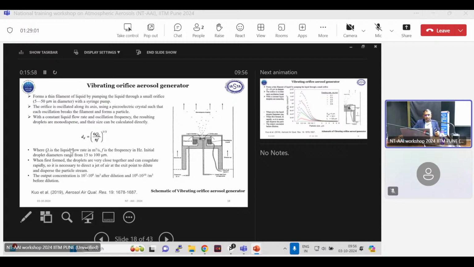And the diameter of the aerosol can be calculated with this correlation, where QL is the flow rate of the liquid and F is the frequency of mesh vibration. Here also we cannot achieve as high a concentration as the previous generator, but yes, it is quite high to test the instrument.